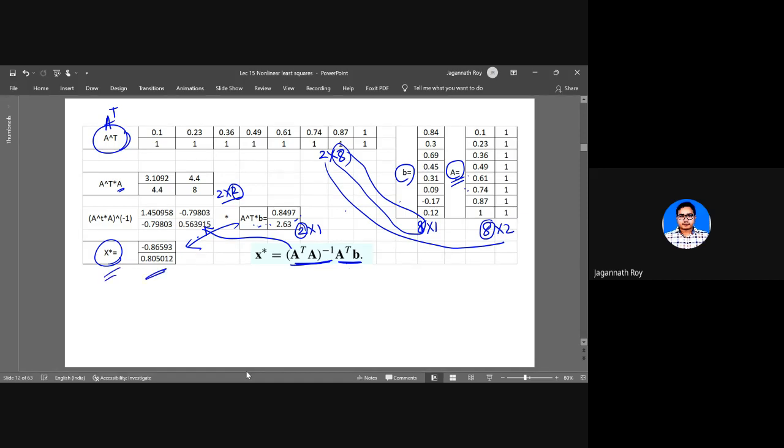So this is q of t, that was the straight line. What we had, a1 t plus a2. So for example, this is minus 0.086 into t plus 0.86.